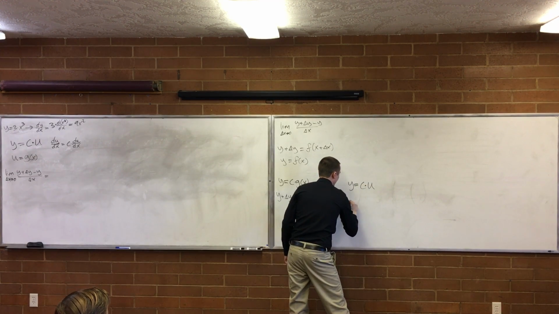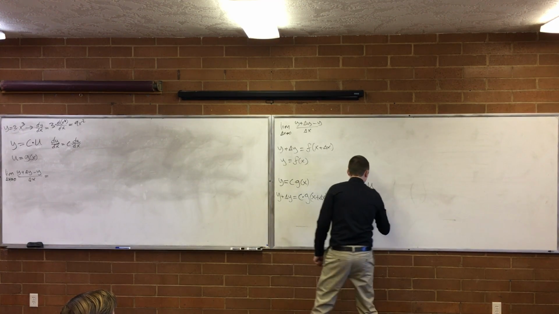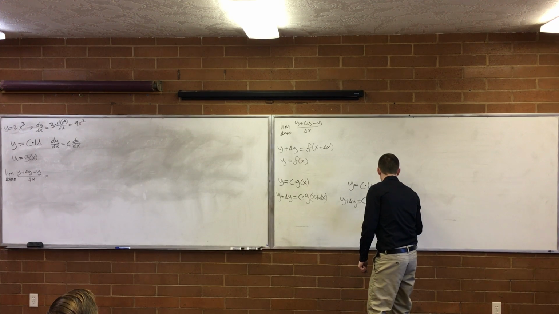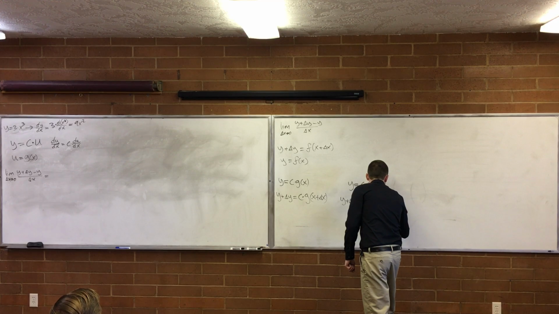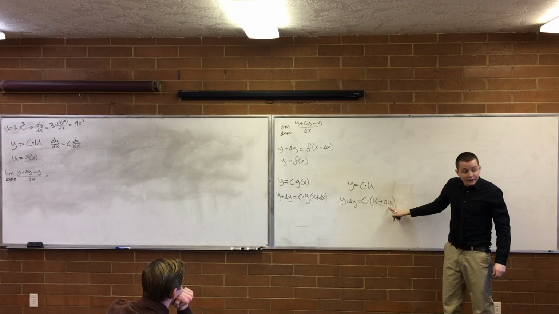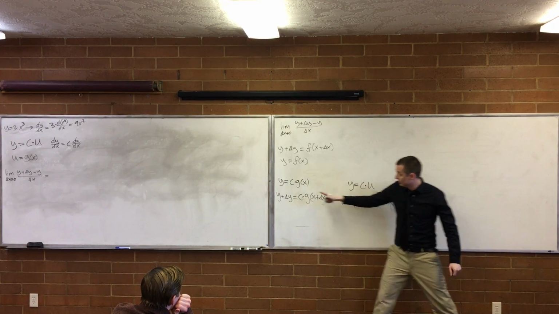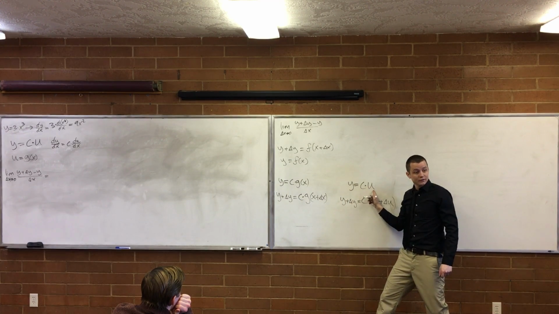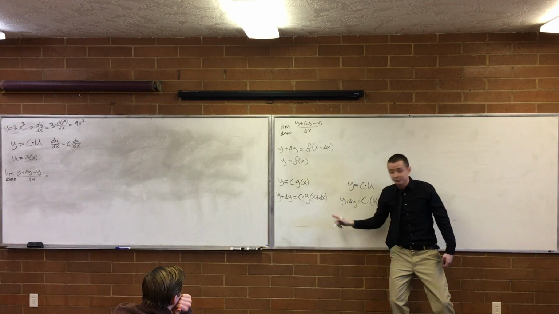So then y plus delta y is going to equal c times u plus delta u. What is u plus delta u? It is g of x plus delta x. If u is equal to g of x, then u plus delta u is equal to g of x plus delta x.